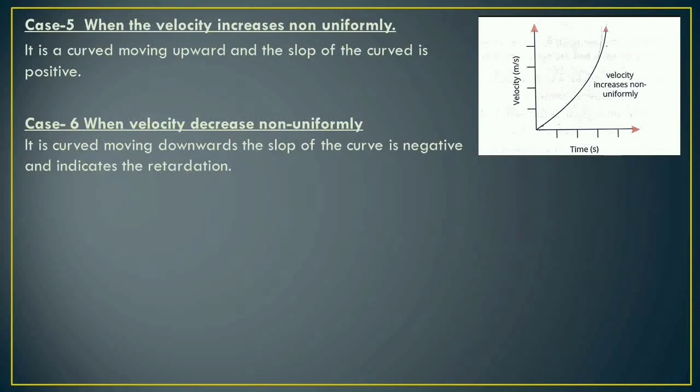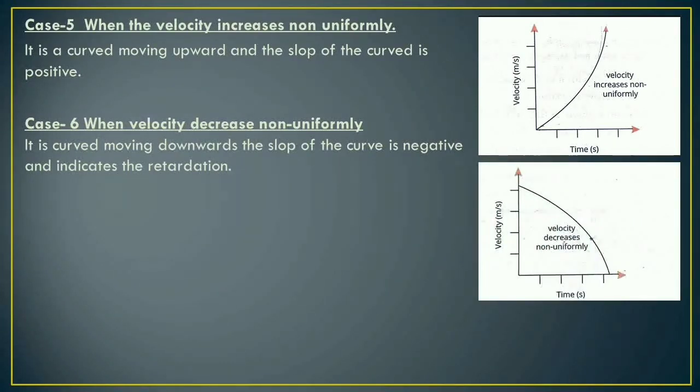The negative slope of a velocity time graph indicates the retardation of the body. Here the retardation increases with time, that is, the body is under non-uniform retardation. Retardation means negative acceleration. You can see in this graph the body is moving with non-uniform retardation.